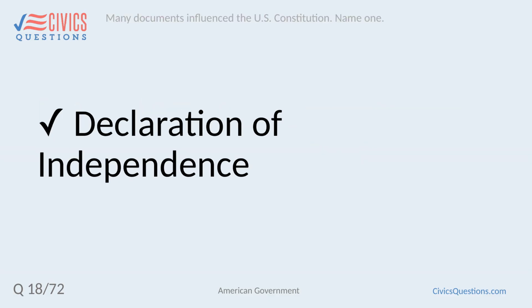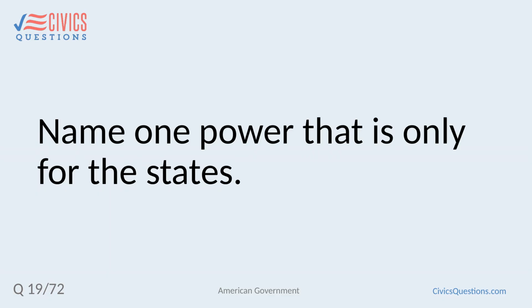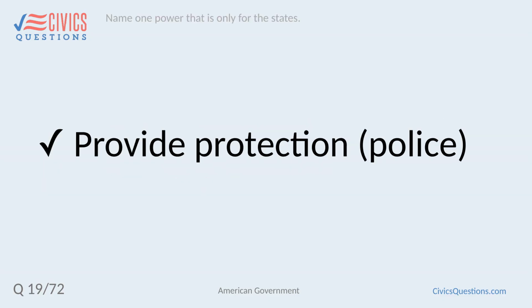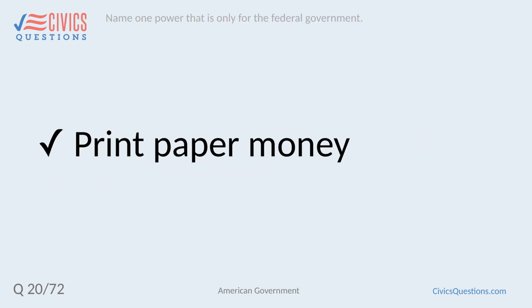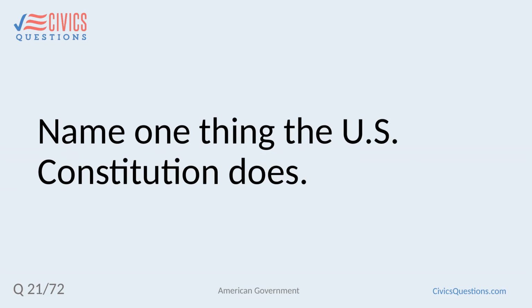Declaration of Independence. Name one power that is only for the states. Provide protection. Police. Name one power that is only for the federal government. Print paper money. Name one thing the U.S. Constitution does.